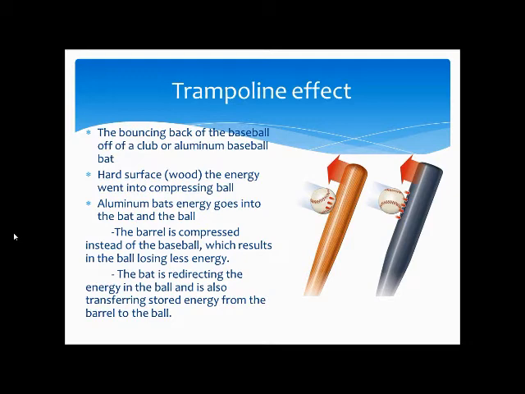So in the aluminum bat, the barrel is compressed instead of the baseball, which results in the ball losing less energy and being able to travel farther. Also, the bat is redirecting the energy and transferring stored energy from the barrel to the ball. In the picture, you can see that with the wooden bat the energy is going into compressing the baseball, and in the aluminum bat, the energy is going into compressing the actual bat.